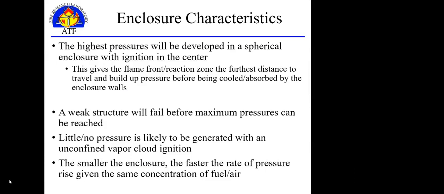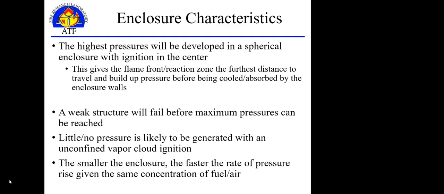And so that can actually affect how much pressure is generated in that explosion. Research has shown that highest pressures are typically developed in a spherical enclosure with the ignition at the center, because that allows that combustion zone the greatest amount of room to build up that pressure before it starts to hit the enclosure wall.